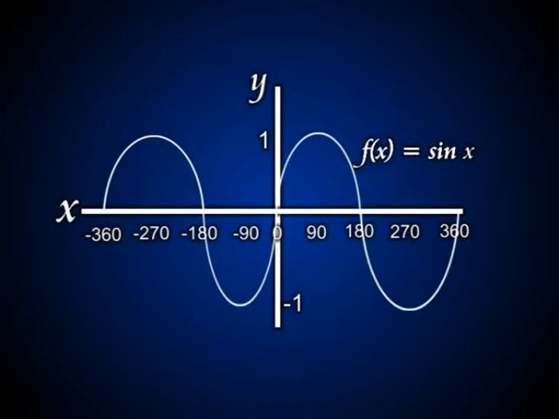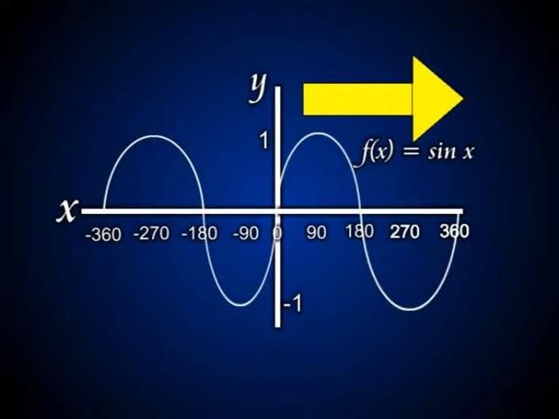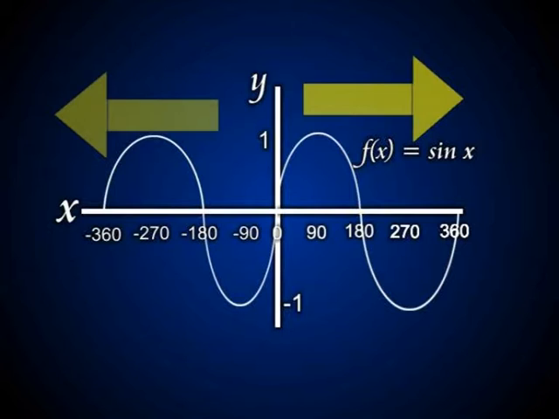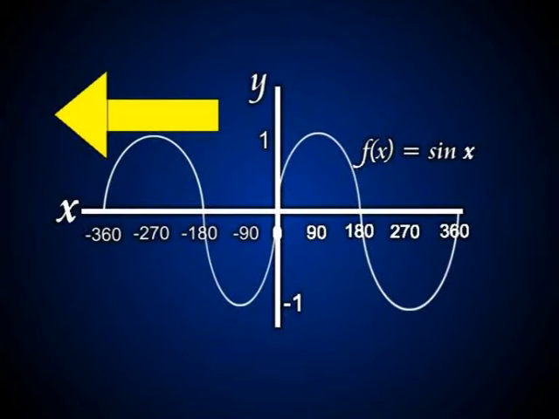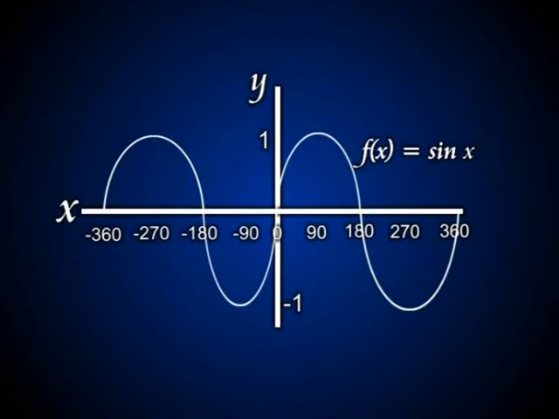If I take values beyond positive 360 and move up to 720, I'm going to get another wave coming in. If I look at the negative side and I move from negative 360 to negative 720, again my wave is going to repeat itself. With trigonometric graphs, you do not need to draw out such a long table.